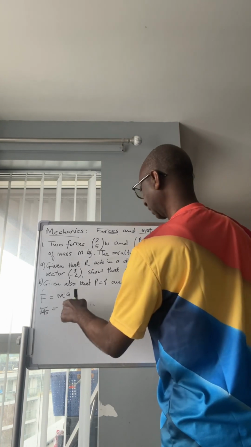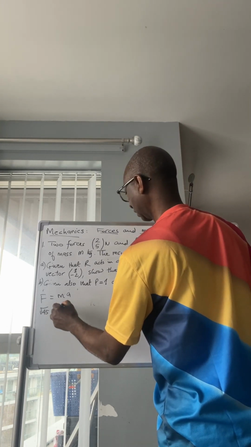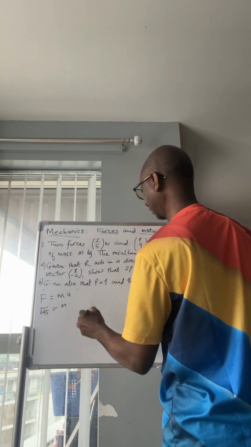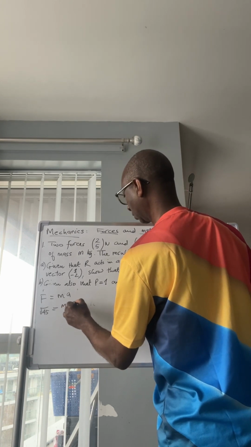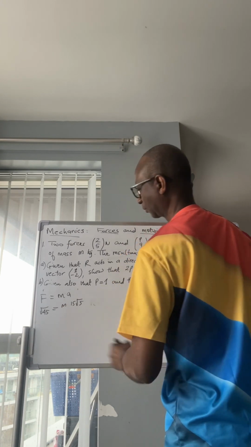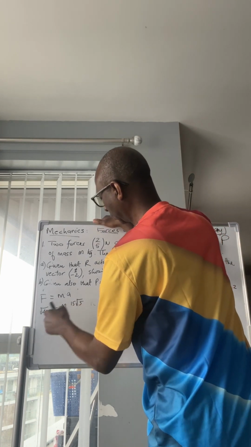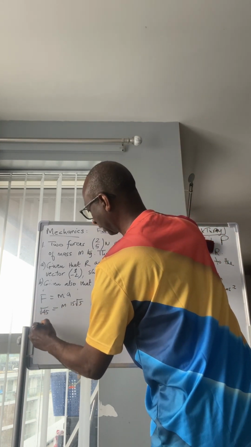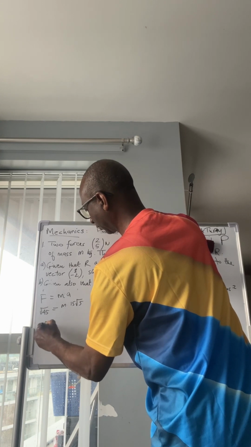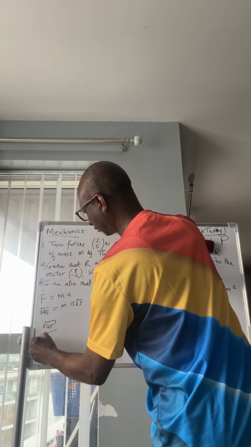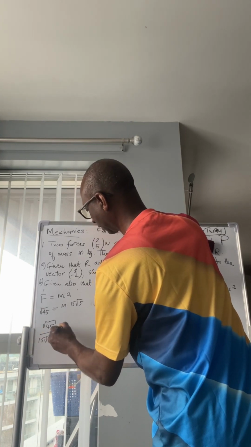Acceleration is given to us as 15 root 5. We need to find the mass. So what do we do? We divide both sides by 15 root 5. So now we get root of 45 divided by 15 root 5 equals m.